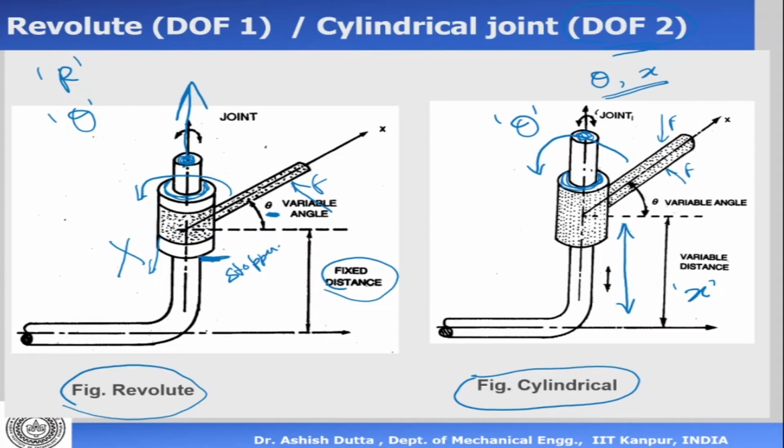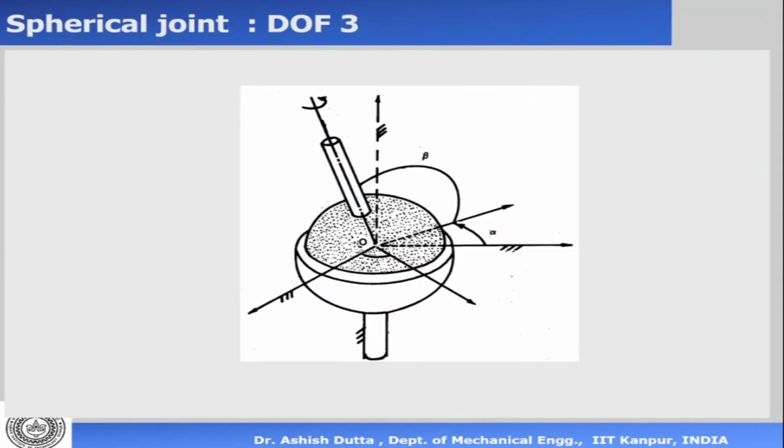Now let's look at the fourth type of joint, which is called a spherical joint. The spherical joint is also called a ball and socket joint. Because there is a ball here inside a socket, that's my socket. Let's assign axes x, y, and z.